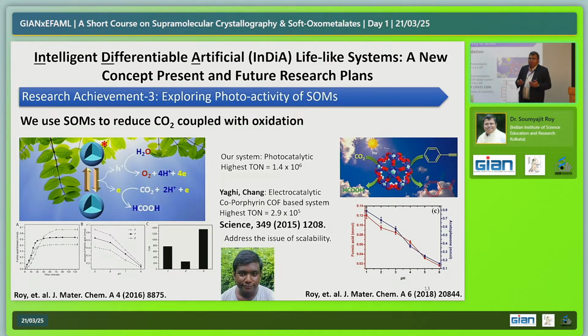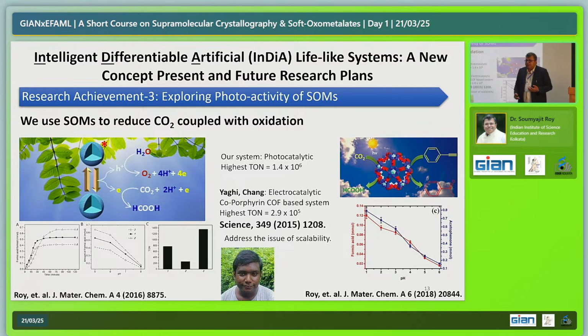But then we realized that we cannot push so much with these systems. Why? Because these are OXO systems. With the word OXO, you know that they are intrinsically oxidizing, right? So when we wanted to have more reduced systems, we were not successful.